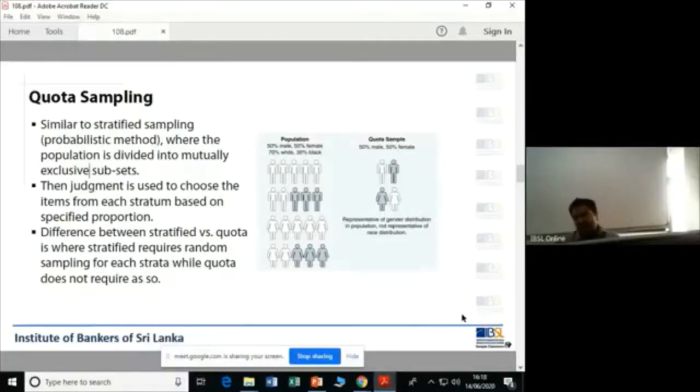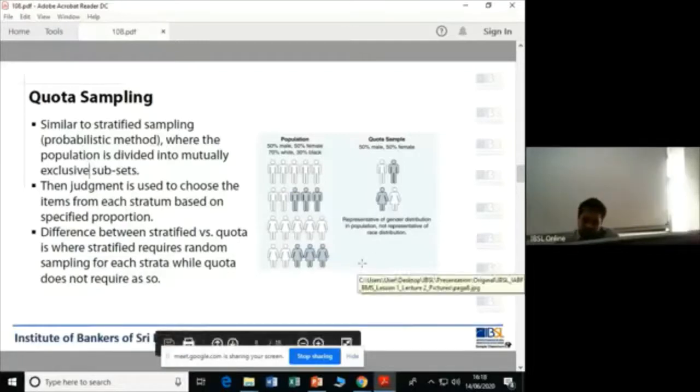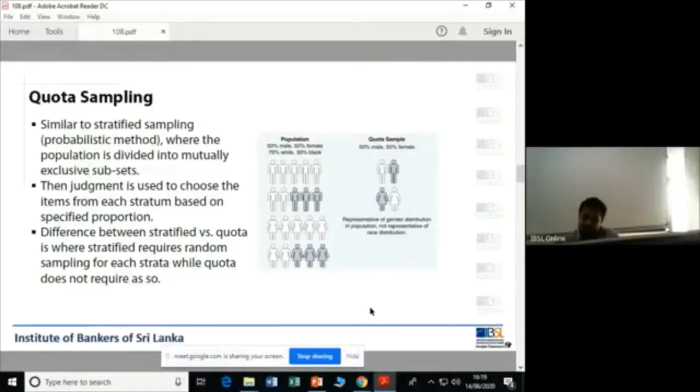Rather, based on your educated guesses, based on your judgment, you can select your sample. Okay. Now look at the example given here, where you have the population of males and females based on their ethnicity. So the given example says 50% of male personnel are in the population and 50% female.